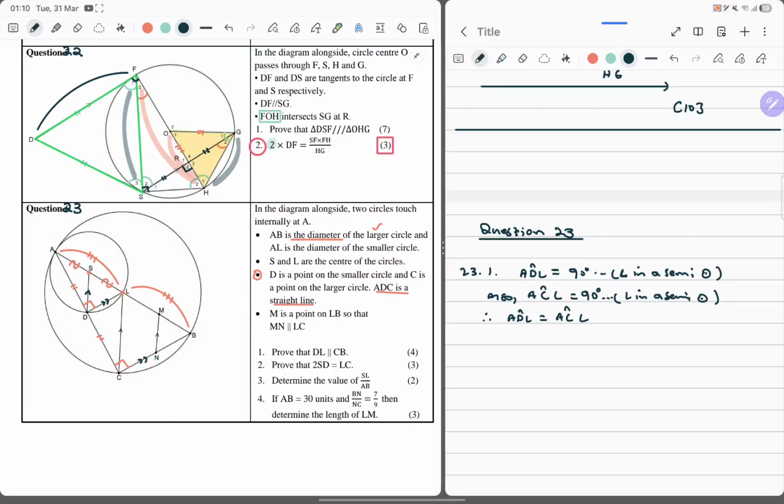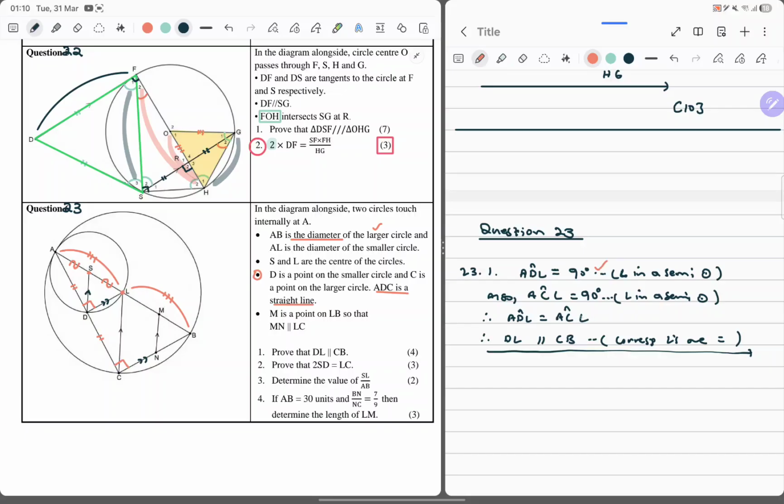So if this is the case, it already confirms that DL is definitely parallel to CB. Why? Because corresponding angles are equal. ADL and ACL are corresponding angles. So once the corresponding angles are equal, it means the lines are parallel.